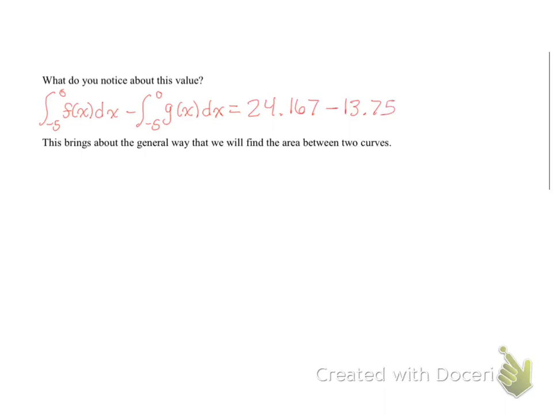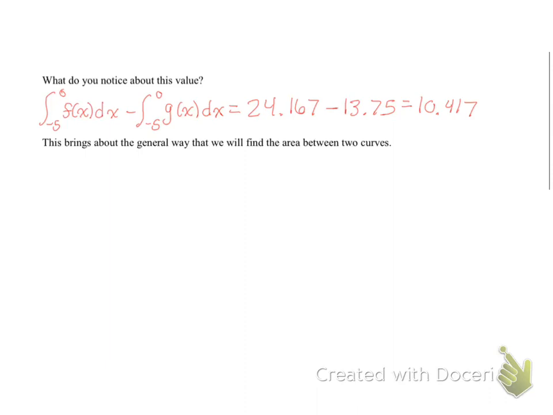That's this integral right here from -5 to 0 of g of x. And you'll actually find that it does equal the 10.417. Okay. So that just kind of proves what I'm talking about.